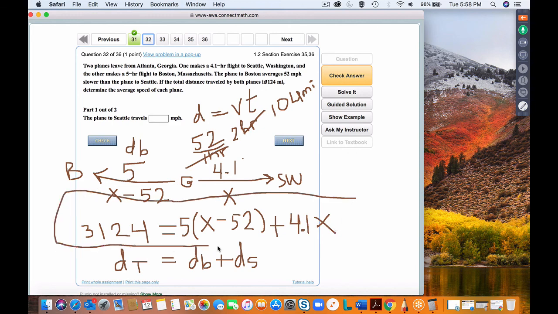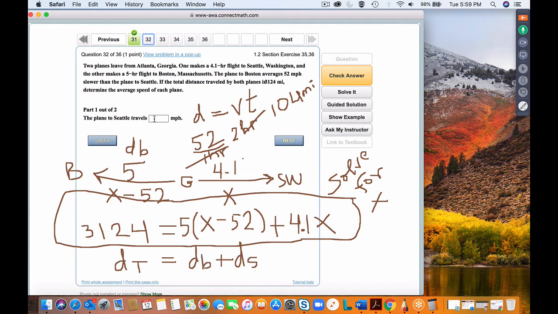Once you have your equation, the rest is to solve for x, right? And for that, the computer will help. You can use the big calculator, solve for x, and it will give you the value for x. That value for x is the velocity of the plane to Seattle.